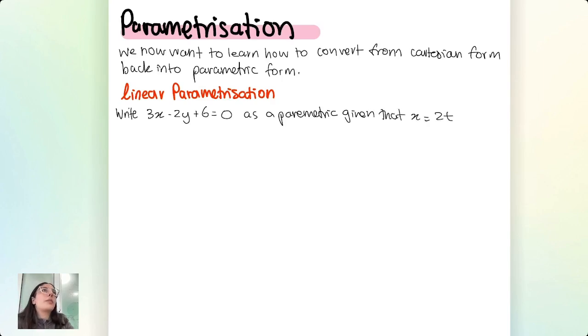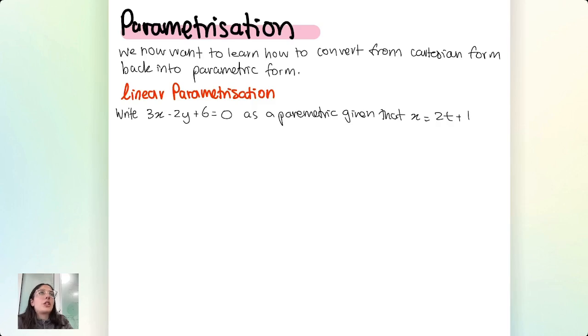So they do give you some information in the question that's going to help you do this. Obviously, if they don't give you that information, there are multiple different parametric forms of this. There are a lot of different ways you could represent this as a parametric equation, so they have to give you some information. Otherwise, you can't just randomly parametrize something, okay?